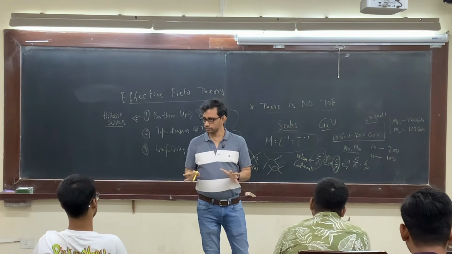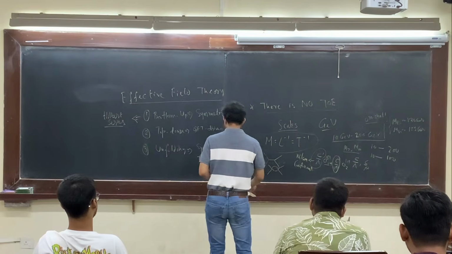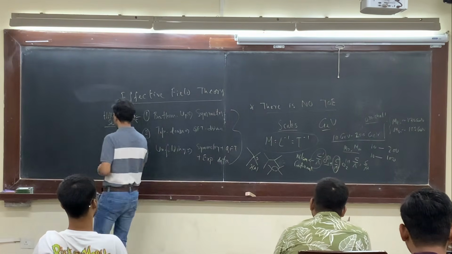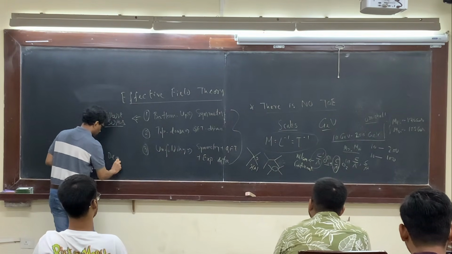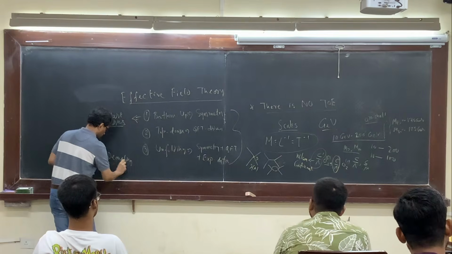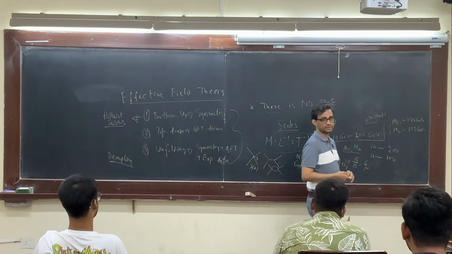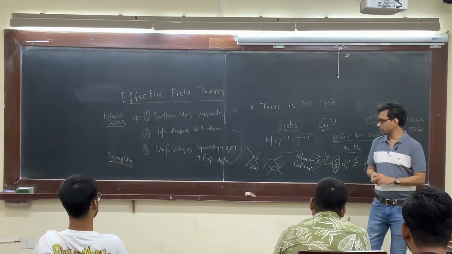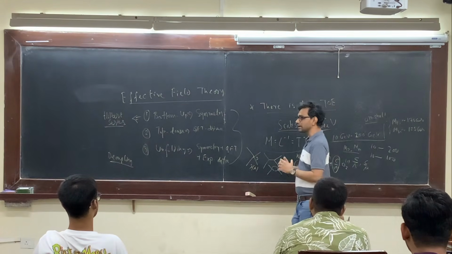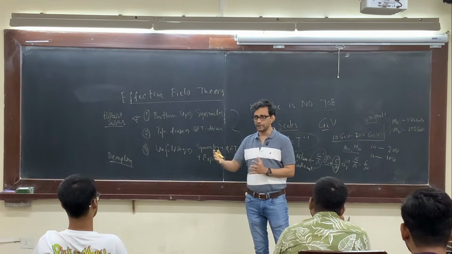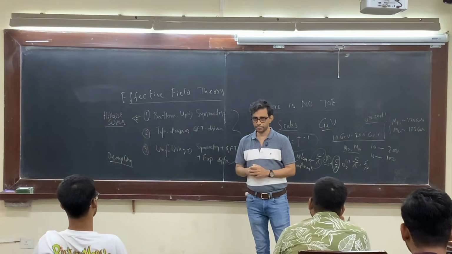The answer is no. That's where the concept of decoupling comes into the picture. I can actually use effective field theory only when the heavier particles are really decoupled from my theory.